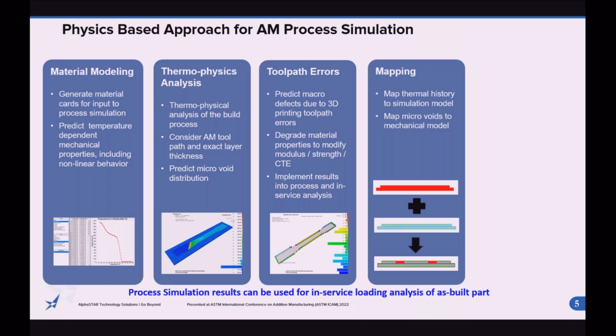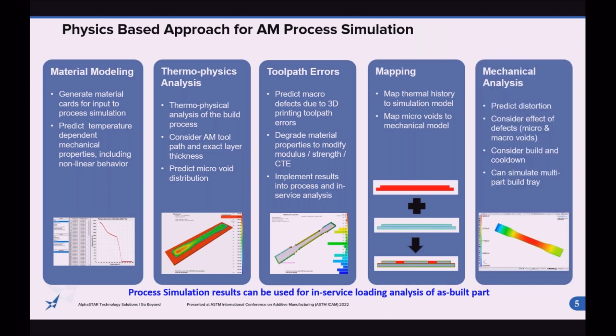So again, all that information on the material model as well as temperature distribution through the part as related to the G code, temperature distribution over time, is mapped into a mechanical model and subjected to the thermostructural analysis with the help of a finite element toolset.